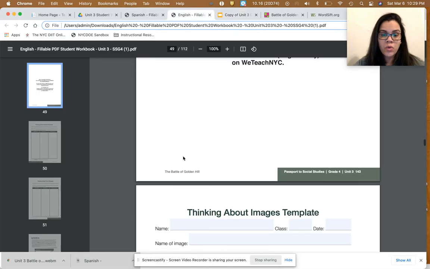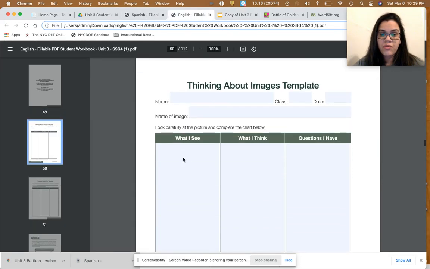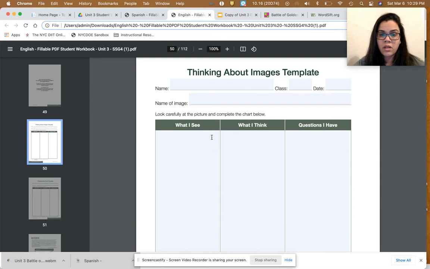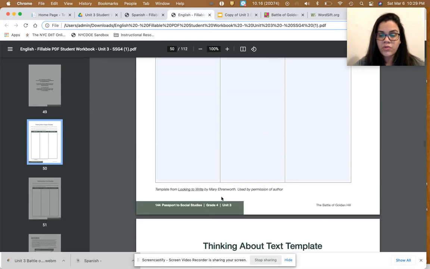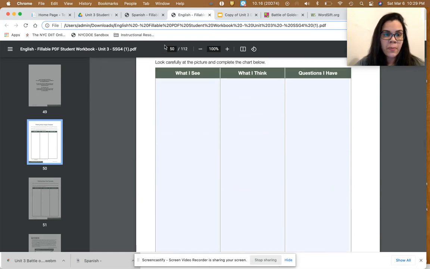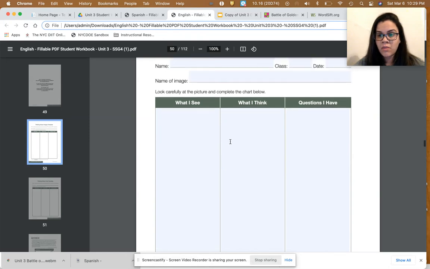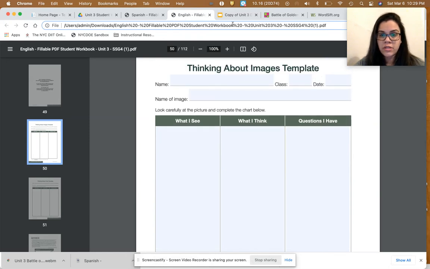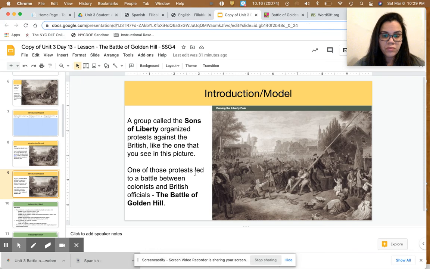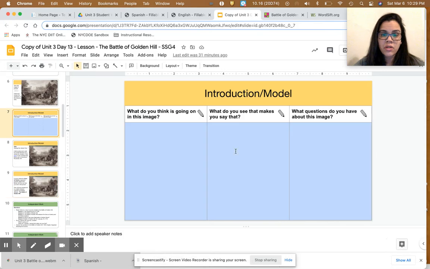If students are working from the workbook, they could use the template on page 144 for this activity. It's the same page in any other resource in the different languages. Students can share, and this will give some students time to revise some of the things they notice or bring up new questions that they may have.